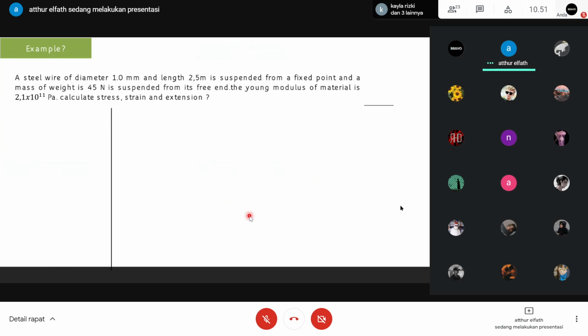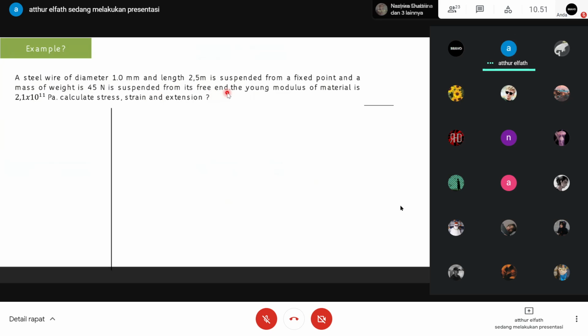Example. Example question: a steel wire of diameter 1 millimeter and length 2.5 meter is suspended from a fixed point, and a weight of 45 Newton is suspended from its free end.